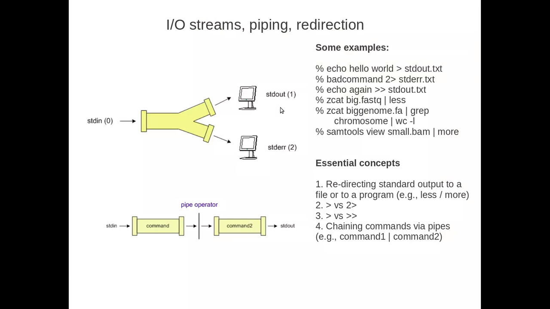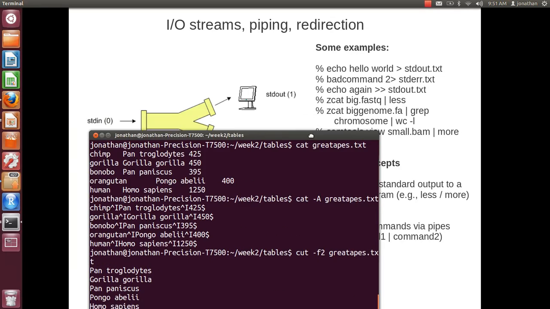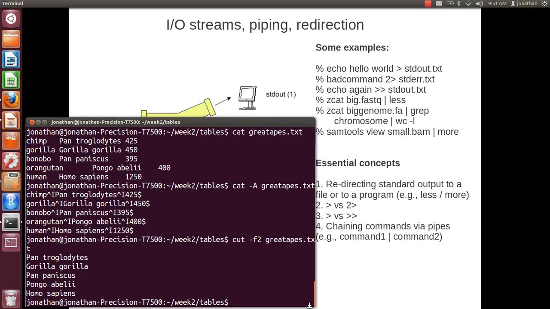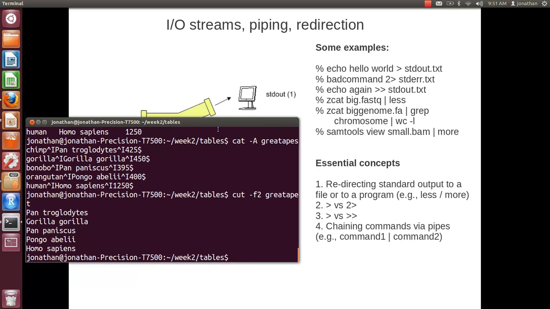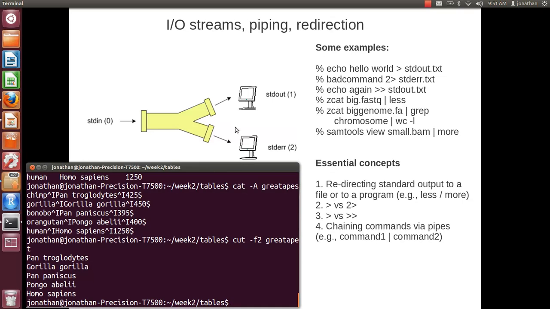One of the concepts we've already started to use, although I hadn't given a formal definition, is the idea of I/O streams, piping, and redirection. Any Unix program has 3 streams: the input stream, called standard in, a standard output stream, and a standard error stream.